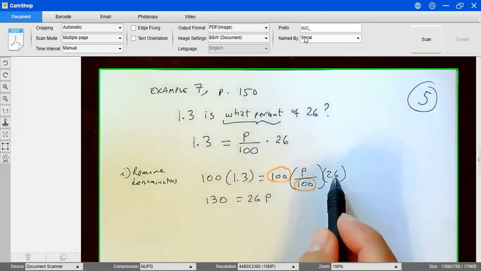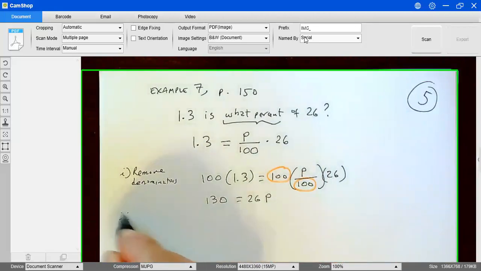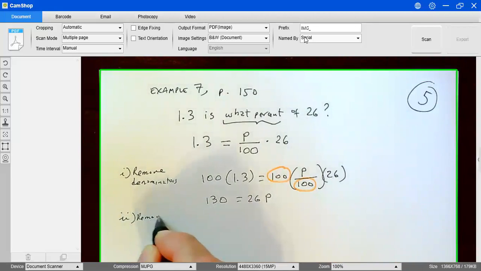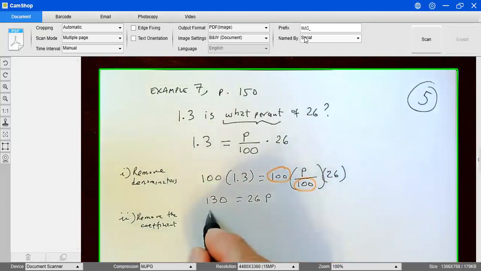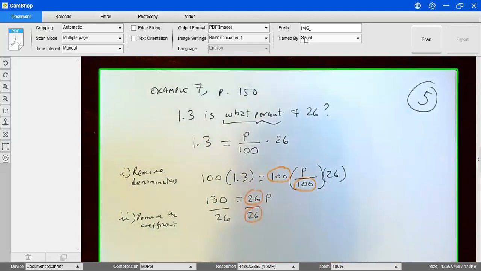So P times 26 is the same as 26 times P. So we write first the coefficient, then the variable. So we remove the coefficient. That's the last step to isolate my variable. So how do you do that? We divide by the coefficient. This eliminates 26.